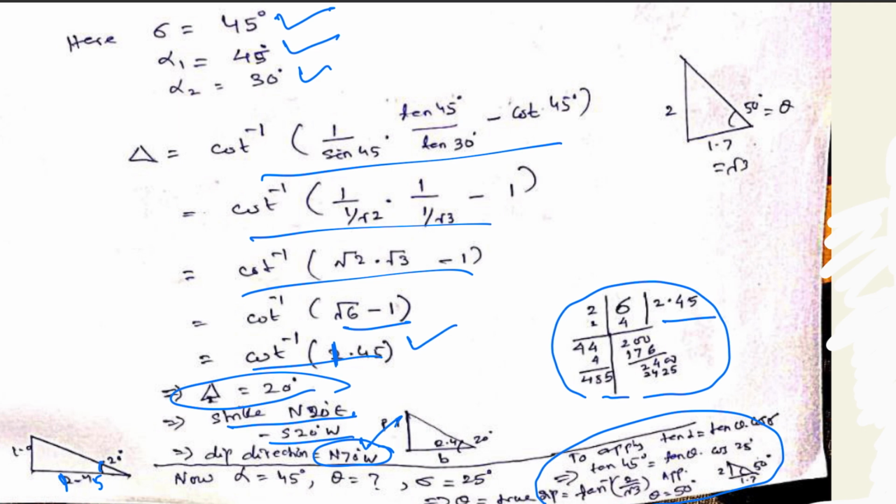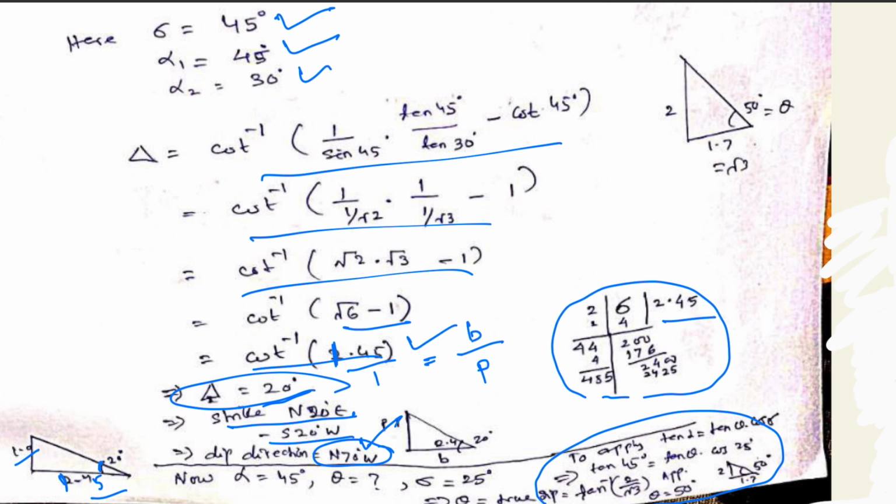Cot is B by P. So it will have P 1. We have to consider P 1, B 1.45, and we have got this angle, which will be delta.